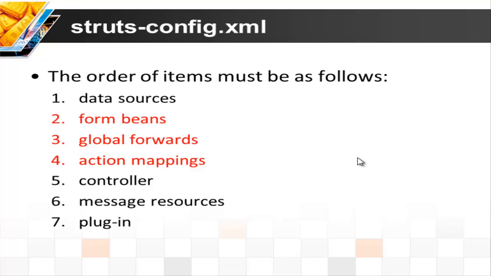The next part is the form bean. Again, I have discussed the form bean. The form bean contains the data that is supplied by the customer or by the client during the request.